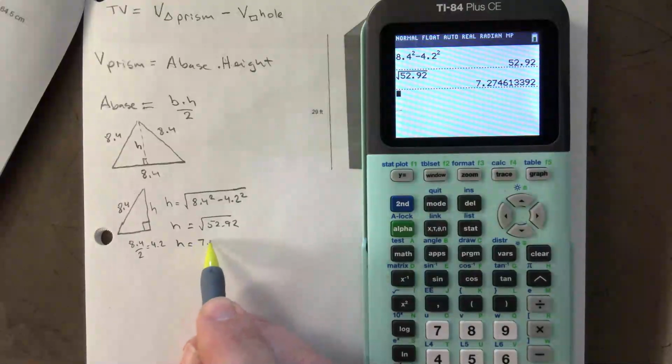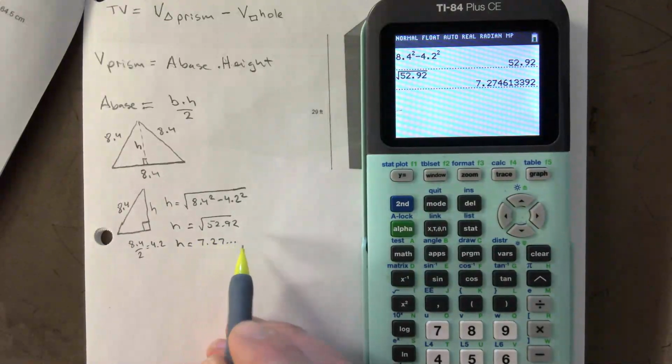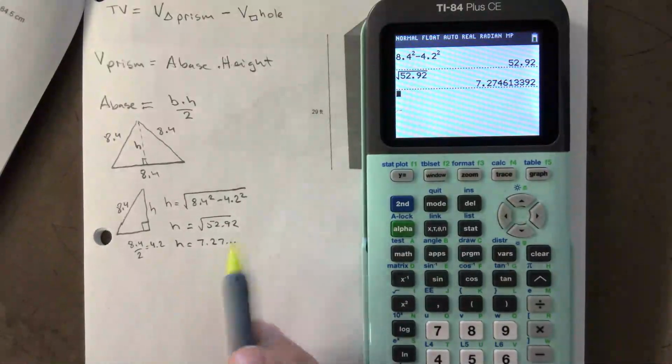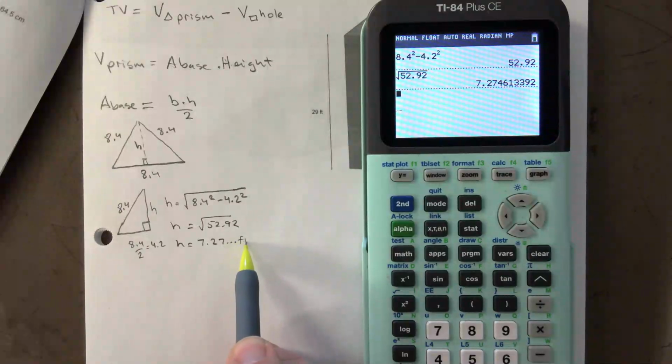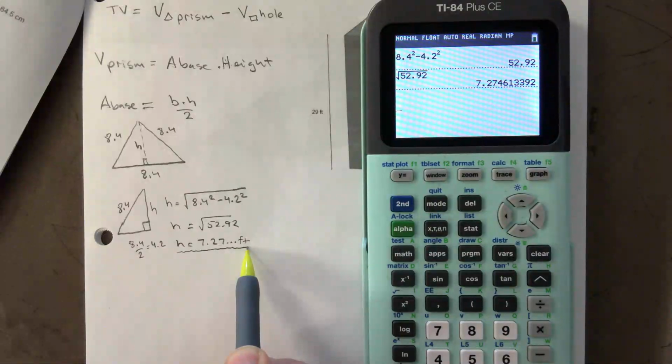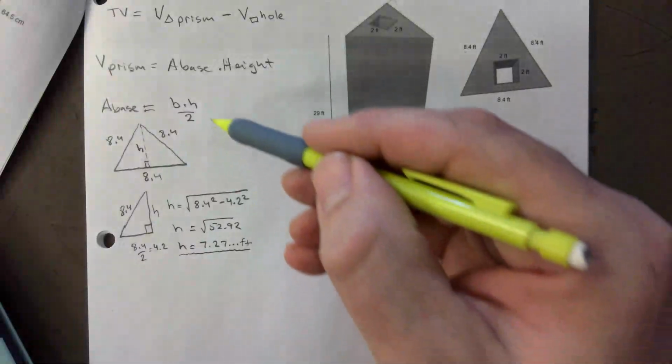Do not round. So we just write it down like this, indicating that we're using all of the decimals. That's feet. This is very important in our calculation. So we're going to take it back up to what we were doing here.